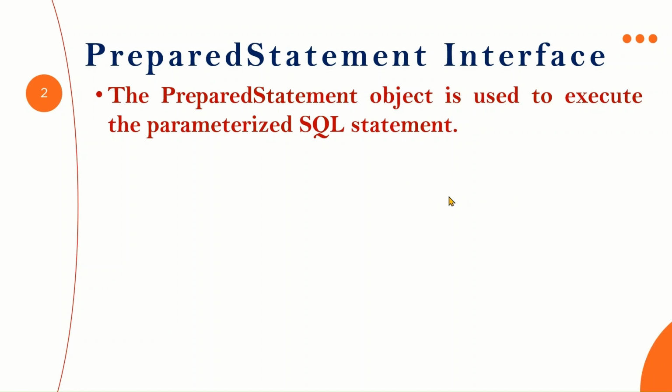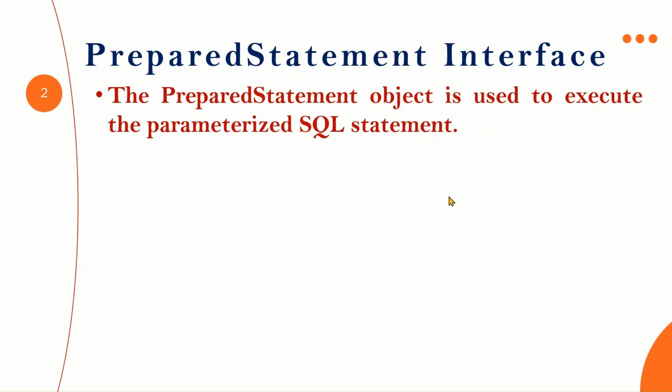Suppose I want to insert 1,000 records into the student table. When I take a normal statement, I need to write the insert query 1,000 times and the values keep changing. So every query's syntax is checked and the values are inserted. One query, two operations. So for 1,000 queries, 2,000 operations.